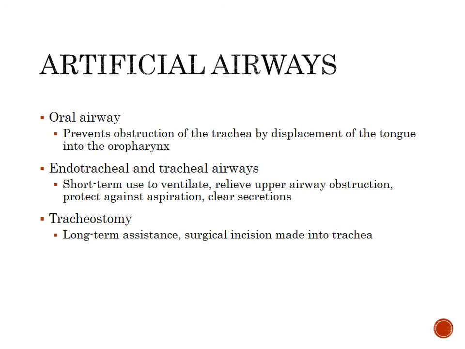So if an endotracheal tube's been in there for 14 days, they start talking to family about doing a tracheostomy. One of the complications with tracheostomy is partial or total airway obstruction, which can be caused by buildup of respiratory secretions. For those of you that have taken care of patients with tracheostomies, know that they have a lot of secretions. Usually you can hear them as they're taking breaths in and out.